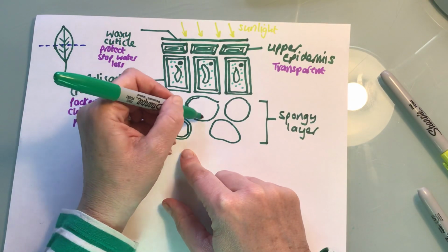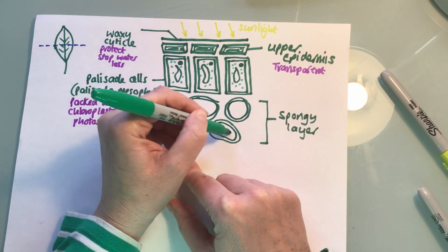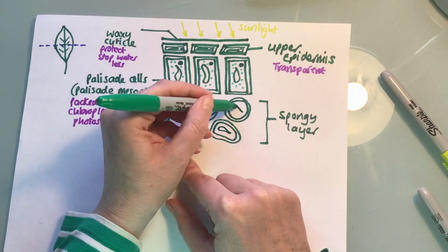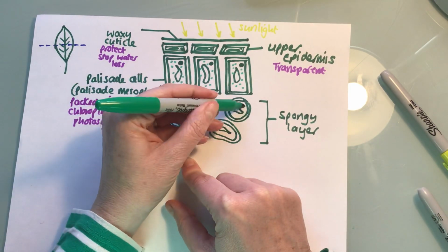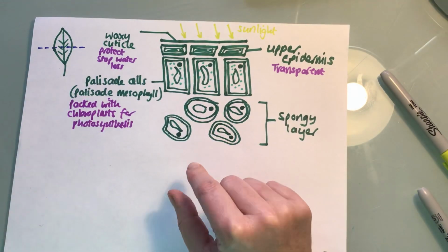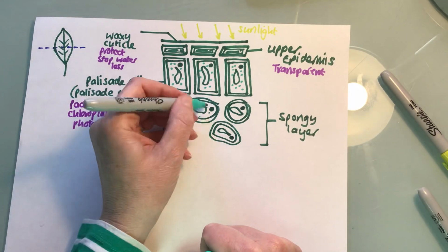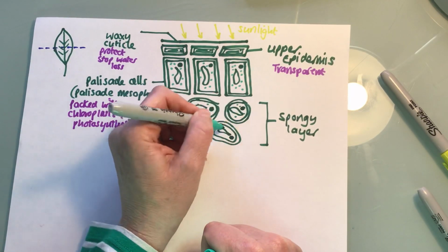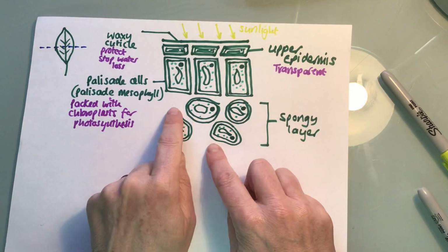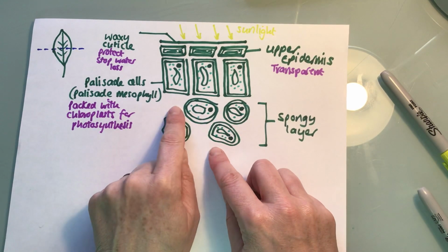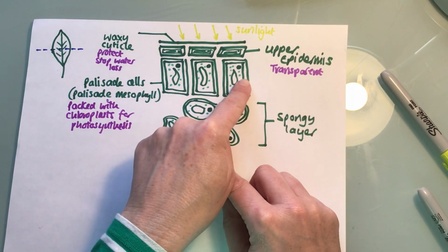They have all the features of plant cells: cell walls, a vacuole in the middle, a nucleus. They'll have other things like mitochondria, but they'll also have some chloroplasts. Now, why are the cells arranged like this? Why are they all gappy? Well, the fact that there's gaps means that gases can move in and around and get into these cells.